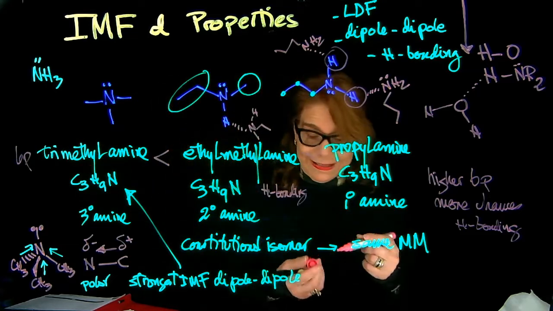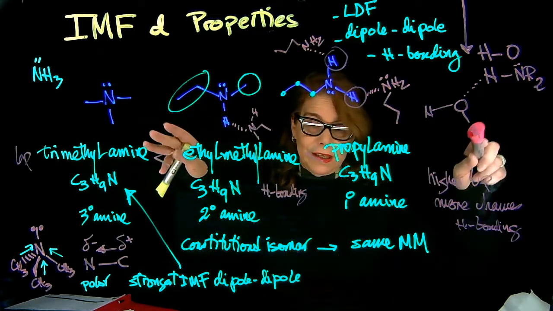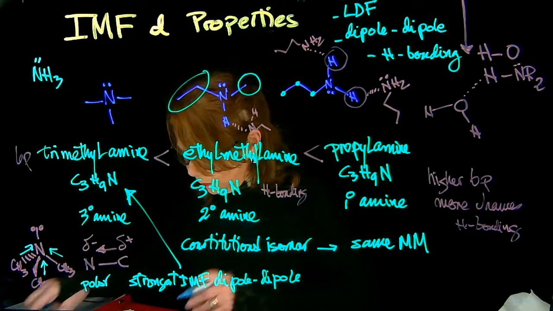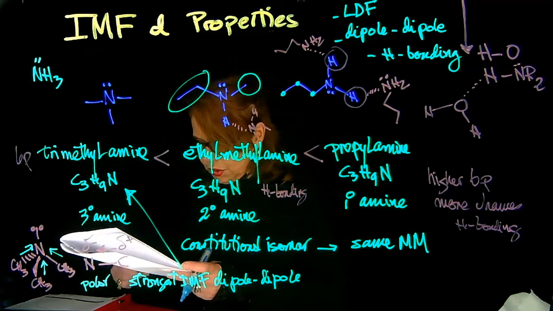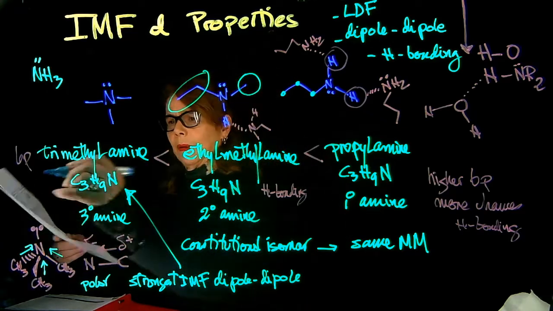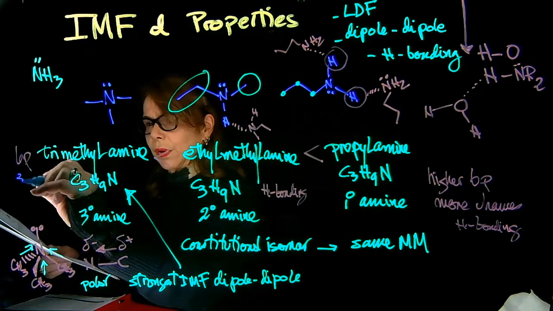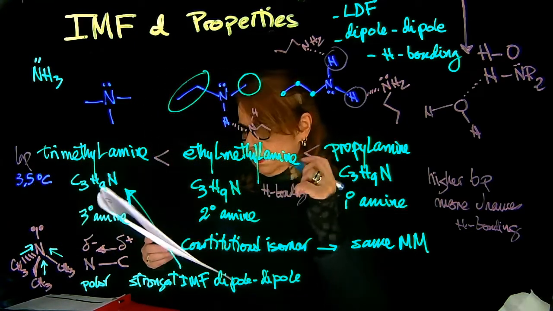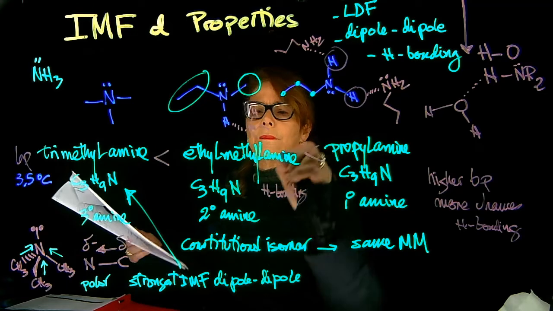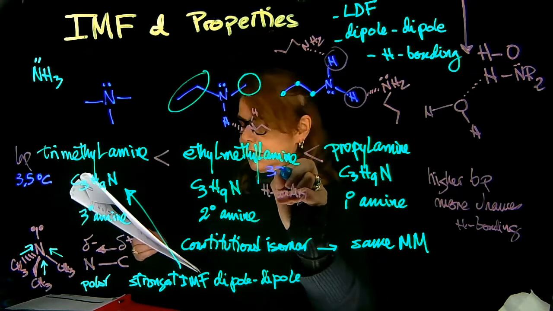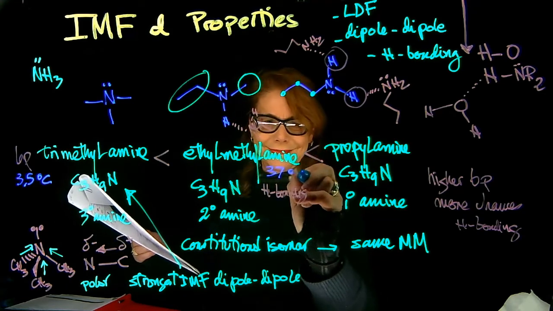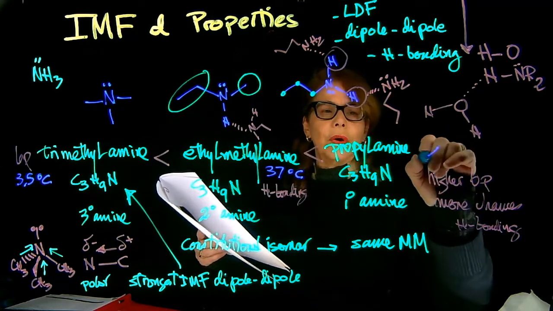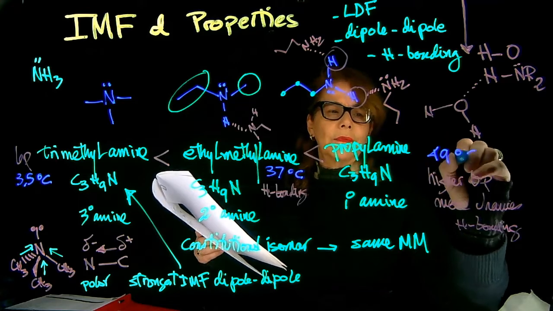So let's look at the numbers. This is understanding the intermolecular forces. Now I'm going to give you the boiling points. Trimethylamine, the boiling point is 3.5 Celsius. Ethyl methylamine is 37 Celsius. And propylamine is 49 degrees Celsius.